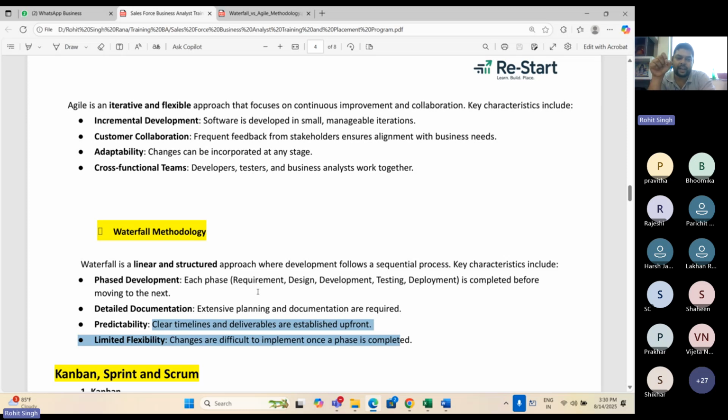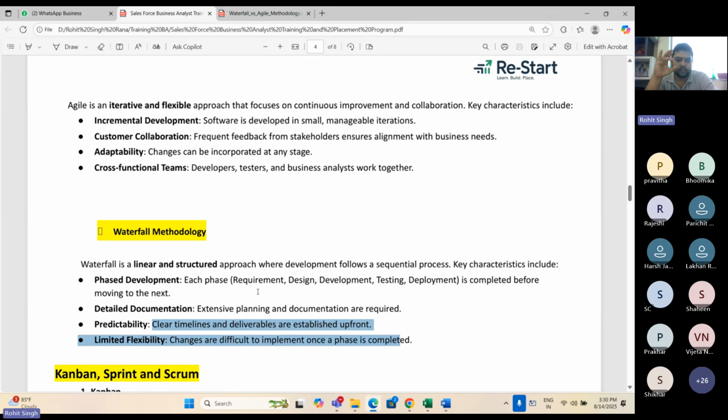So we mention in the BRD beforehand that time is prone to change and budget is prone to change in agile. But in waterfall we don't, because in waterfall we are predictive. We have already forecasted that we will take 3 years, 4 years, 5 years.